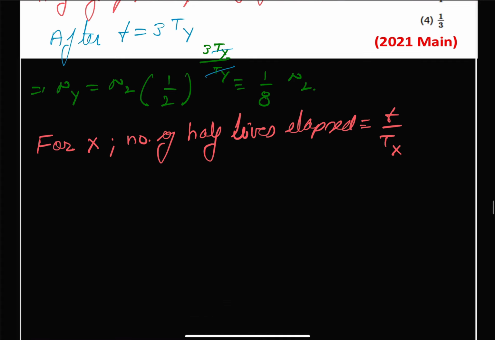We substitute respectively: t is 3 times Ty, and Tx is half of Ty. Here Ty and Ty cancel out, so we get the number of half-lives to be equal to 6.